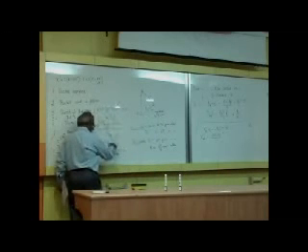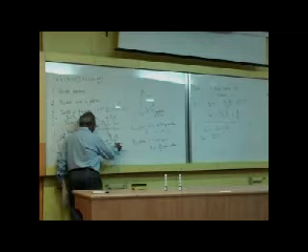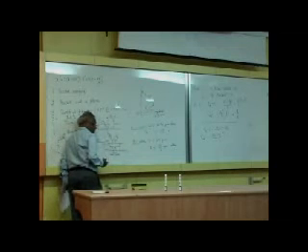What should the charge carrier do? This thing is moving this way and the charge carrier has to catch up with A. To catch up with A, suppose the time required is t prime. During that time, the charge carrier will move this distance.